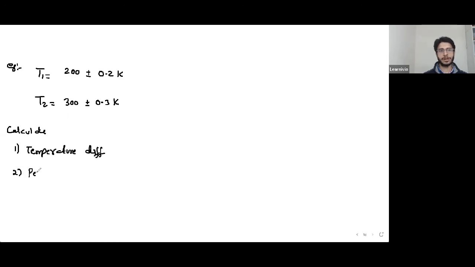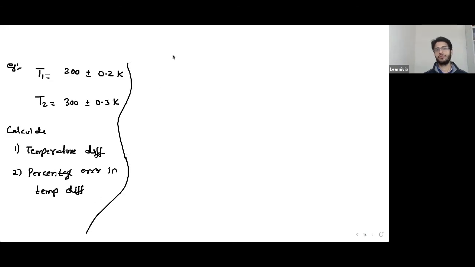Second, the percentage error in that temperature difference. So you need to calculate the temperature difference first. Next, you need to calculate the percentage error in the temperature difference.